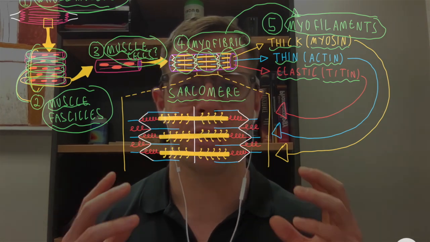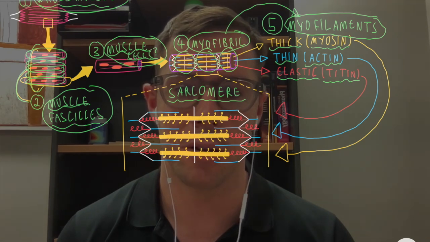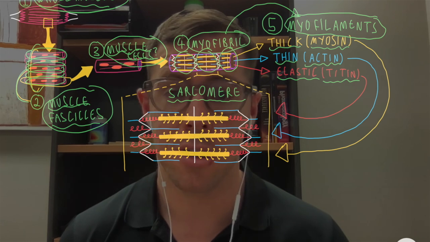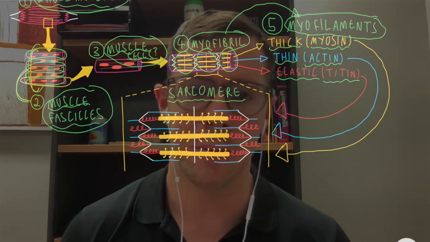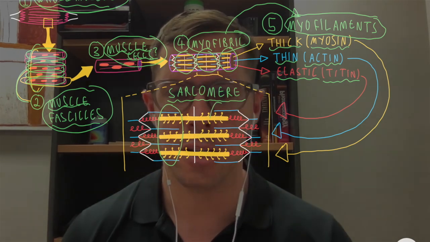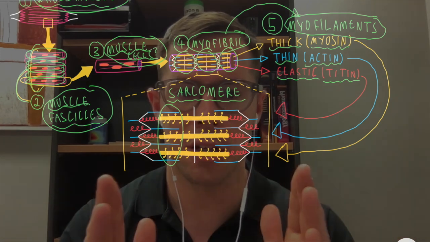Sarcomeres and their myofilaments are what gives skeletal muscle its striated appearance. We can see that the myosin and actin overlap here a tiny bit. This overlap is important as myosin and actin interact during muscle contraction to shorten the sarcomere.